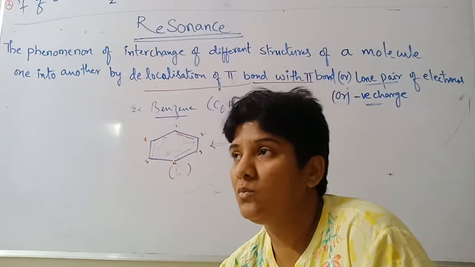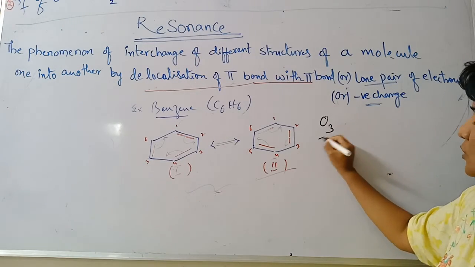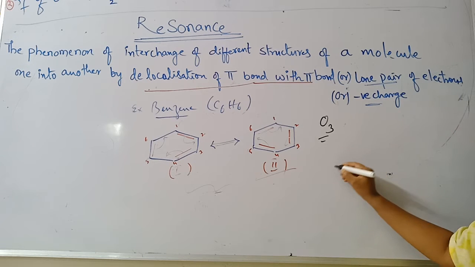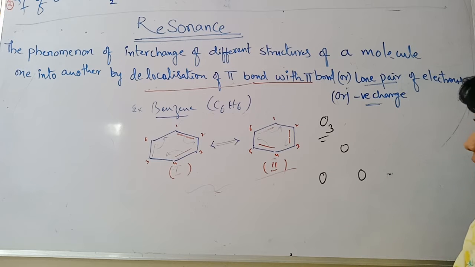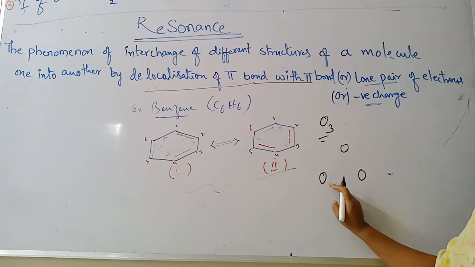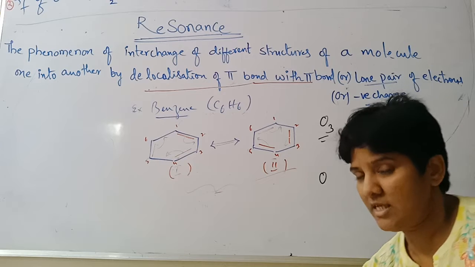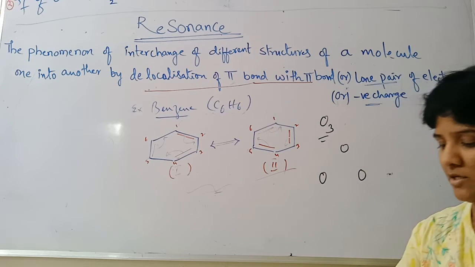So see, what is the formula of ozone? I hope you all know that ozone is O3. In ozone, 3 oxygens are present, and we all know that oxygen is in group 6A, meaning the valence shell of oxygen contains 6 electrons.